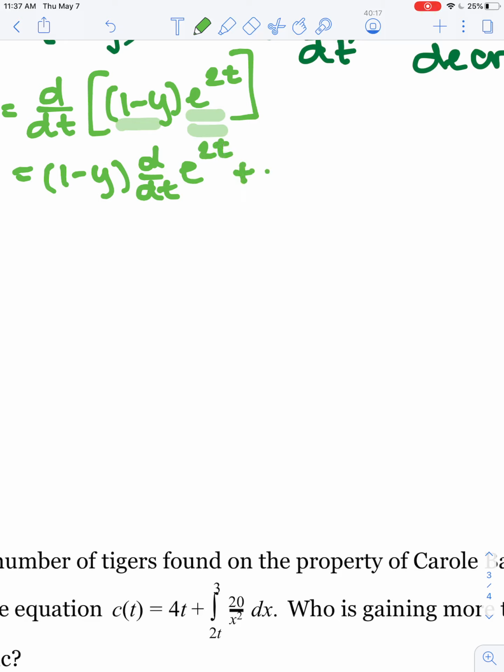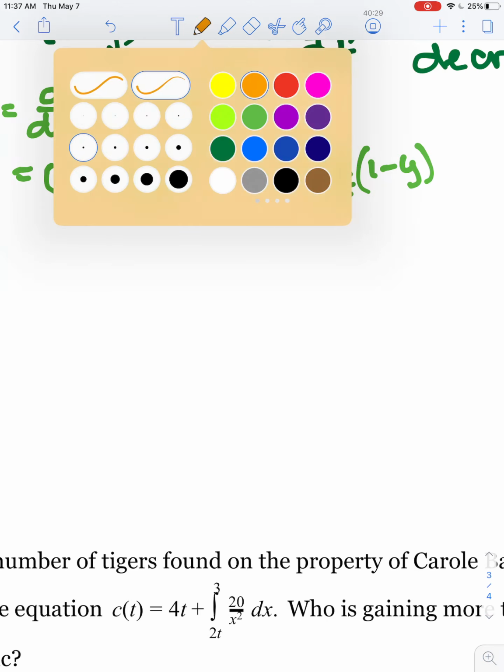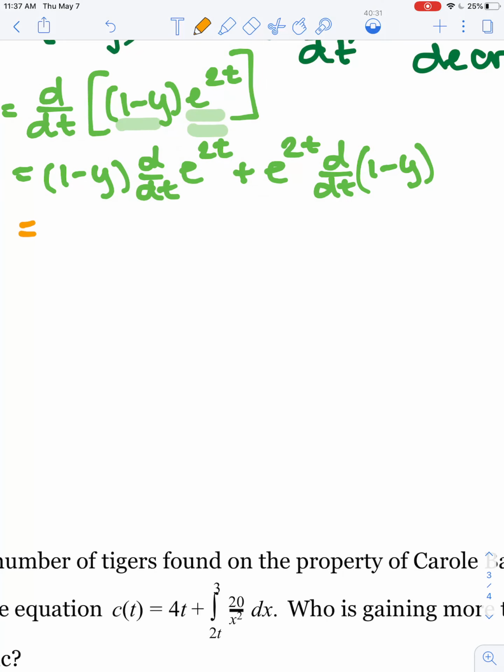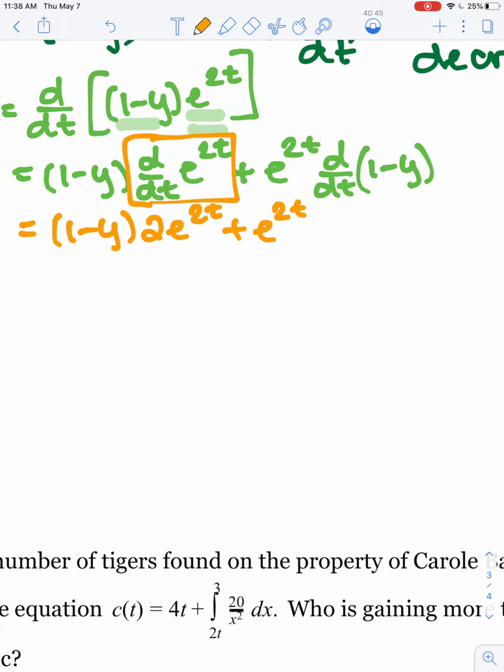We will then add to that our second function, e to the 2t, times the derivative d/dt of 1 minus y, our first function. Okay, so in calculating this, our 1 minus y will stay the same. The derivative of e to the 2t using chain rule is 2e to the 2t. Our e to the 2t will stay the same.